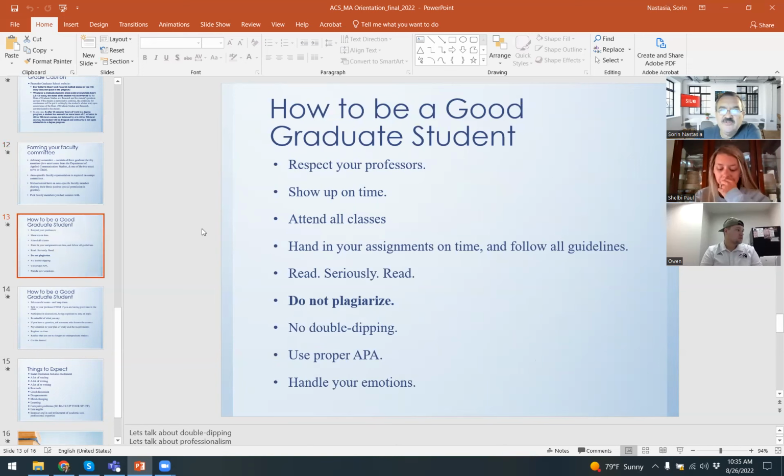How to be a good graduate student? Try to respect your professors, show up on time, attend all classes, hand in your assignments on time, and follow all guidelines. Read, seriously, read. Do not plagiarize, that is in bold, because sometimes many people fall in this pit of, oh, I did some research in a certain semester, then I want to continue that.